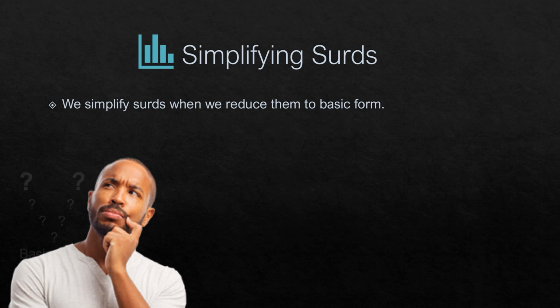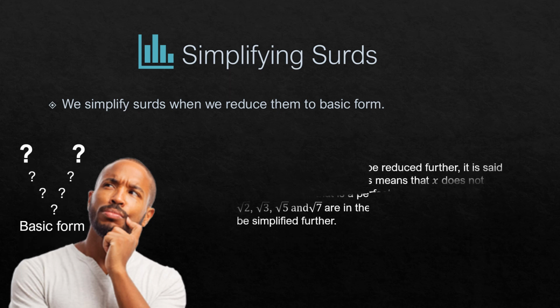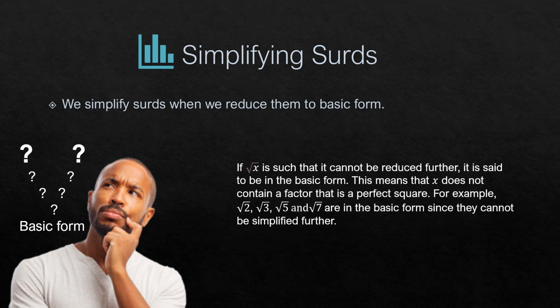Basic form. What do you mean by that? If the square root of x, where x is just a variable that represents any number, cannot be reduced further, it is said to be in the basic form, the simplest form. You get me?